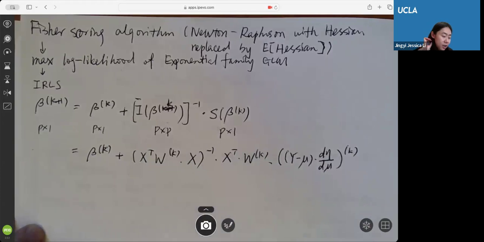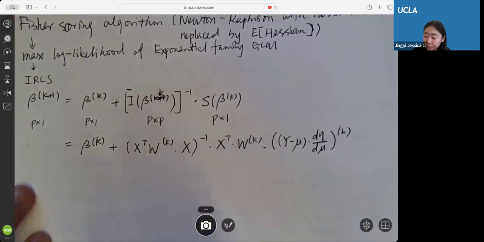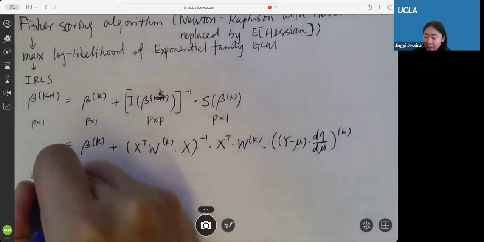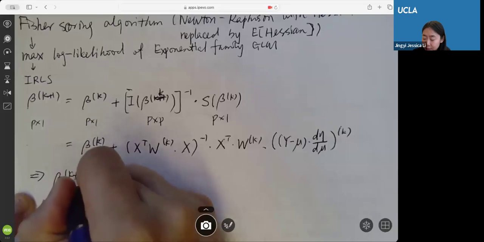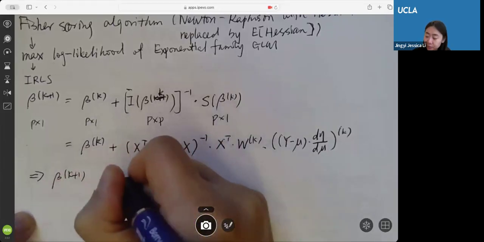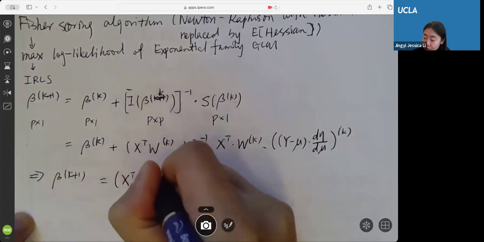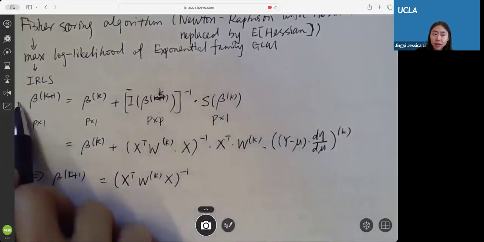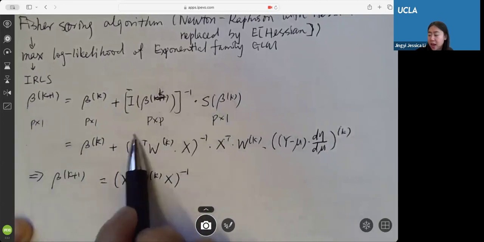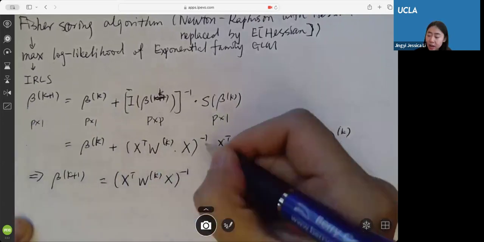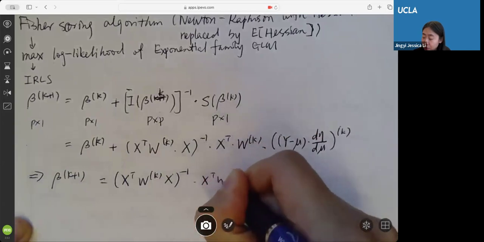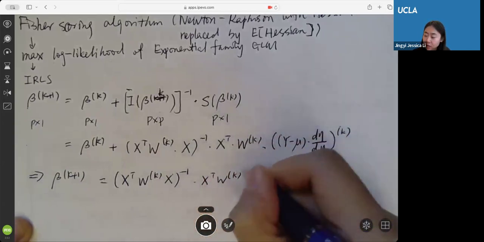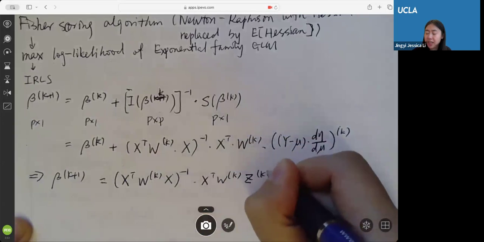So essentially, we can rewrite this as beta k plus 1 equals X transpose W_k X inverse. So we multiply the inverse on the left to the right-hand side after merging these two terms, times X transpose W_k, and we have a term created called z_k.